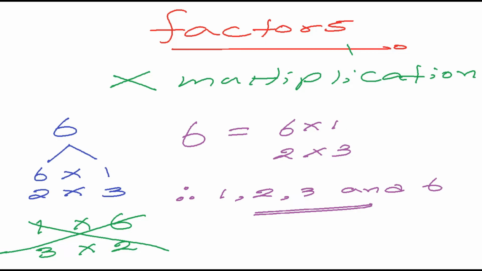Right, let's try another example. What about number 12? Let's factorize number 12. Can you rearrange number 12 as a product? Let's try. The easiest way I can write is 12 equals 12 into 1. Yes. Are there any other ways? Yes, of course. 6 into 2.